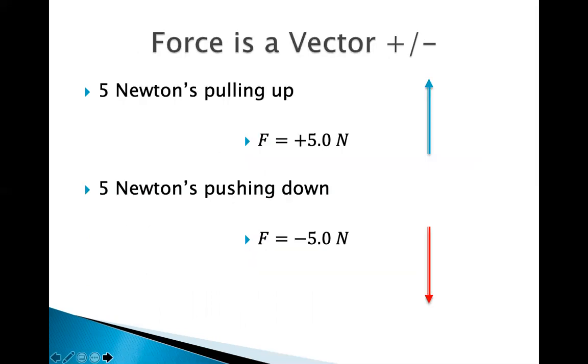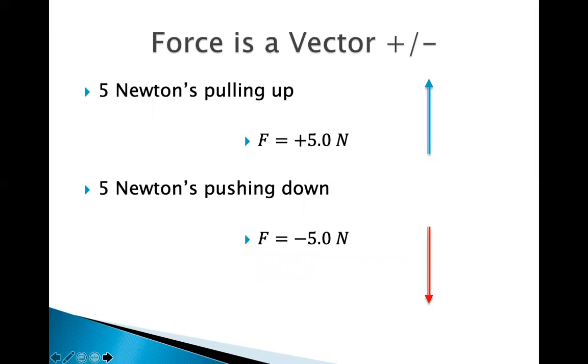Another example is that force is also a vector, and it can be positive, can be negative. Newtons, 5 Newtons, if you pull it up, the force is 5 Newtons positive. So if we name up to be positive, then down would be negative. So if 5 Newtons is a pushing down force, that's negative 5 Newtons.